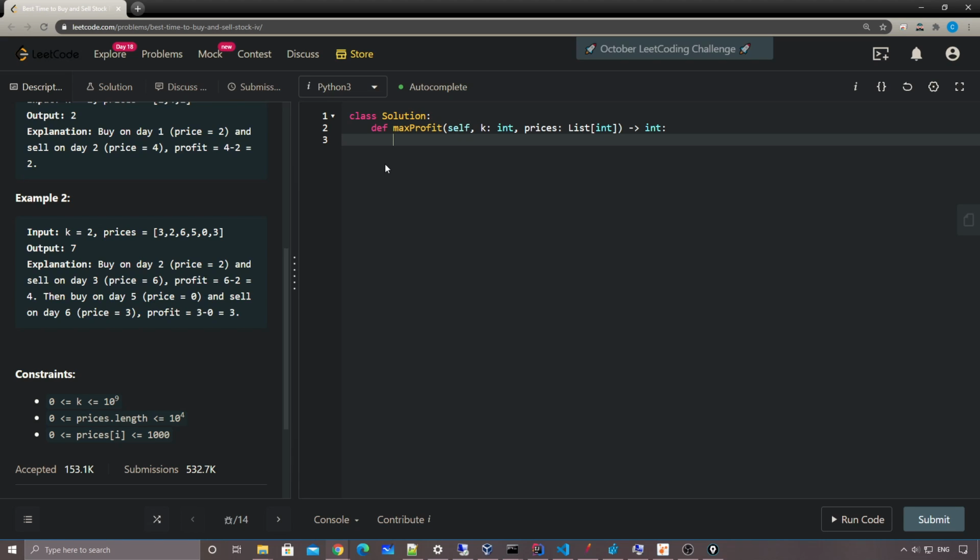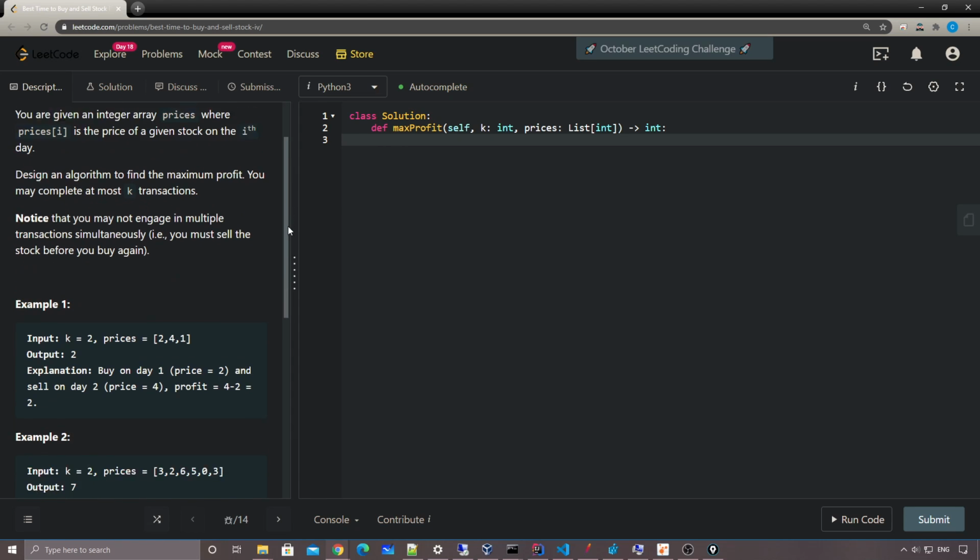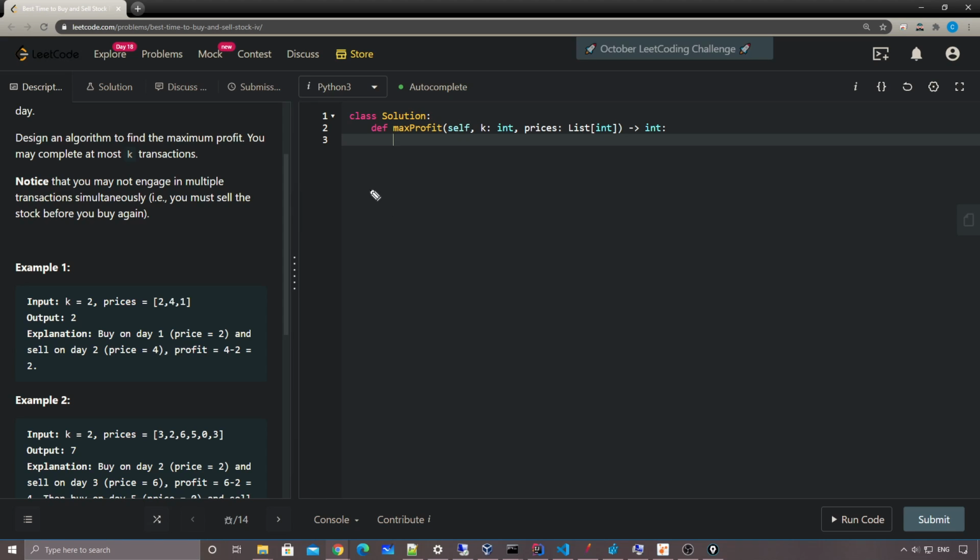If you have watched my previous buy and sell stock problems, I typically use this approach. I'm going to define a buy DP array, buy[i], and a sell[i]. Buy[i] means that at the i-th day, the last transaction is buy.